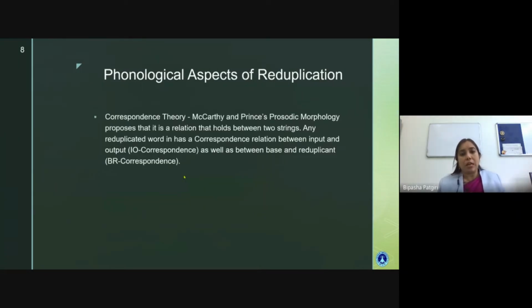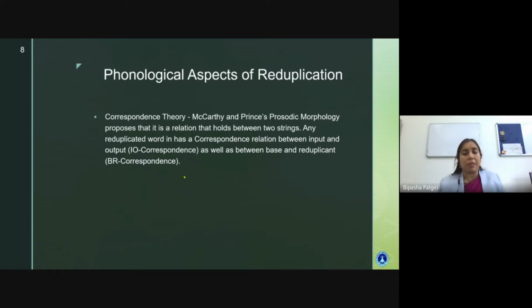While doing that, there are two types of theories. One is correspondence theory, which has been proposed by McCarthy and Prince's prosodic morphology, and this particular theory is influenced by optimality theory, one of the most fashionable theories currently in focus to discuss phonological aspects of languages.